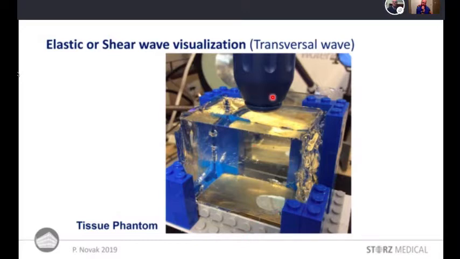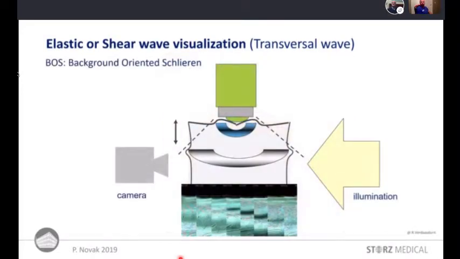On top you see the radial head, the transmitter. And schematically, you can see the source, illumination, and camera, which is visualizing how the shear wave or transversal wave is propagating into this phantom on behalf of a change of the surface of the phantom.